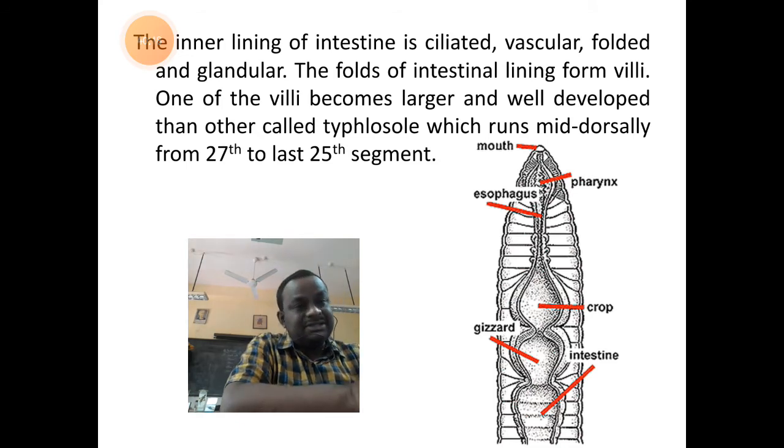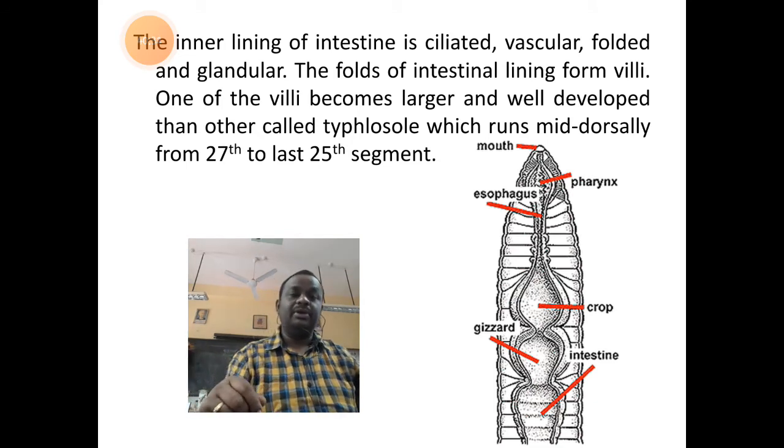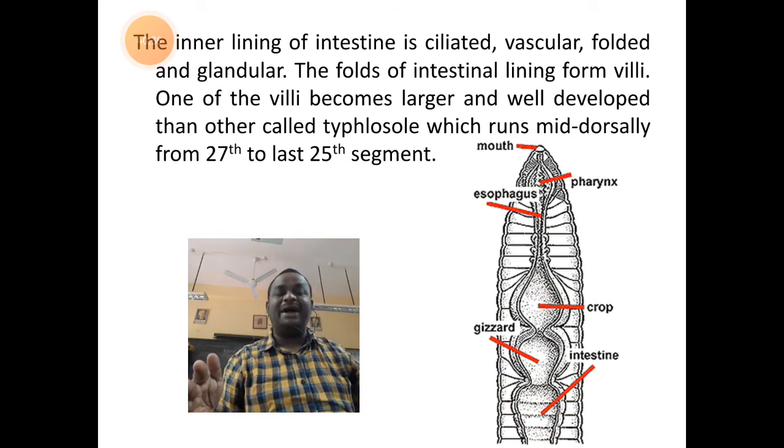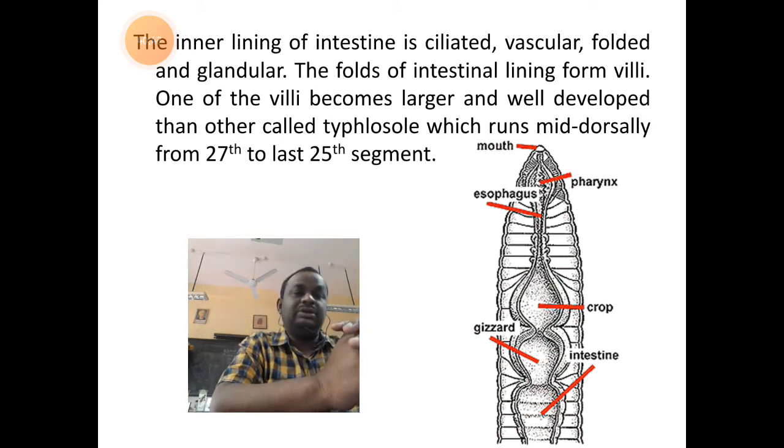And this structure of typhlosole starts from the 27th segment to the last, but leaving the last 25 segments. So, removing 25 segments at the lower, last part, it runs from the 27th segment, leaving the last 25 segments. That is the position of the typhlosole.